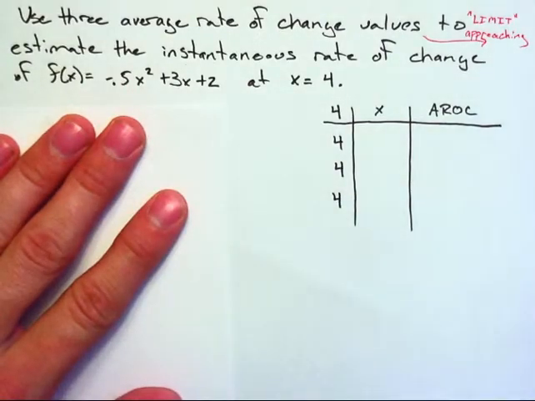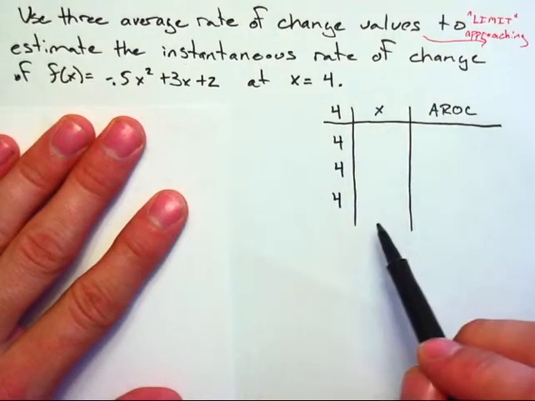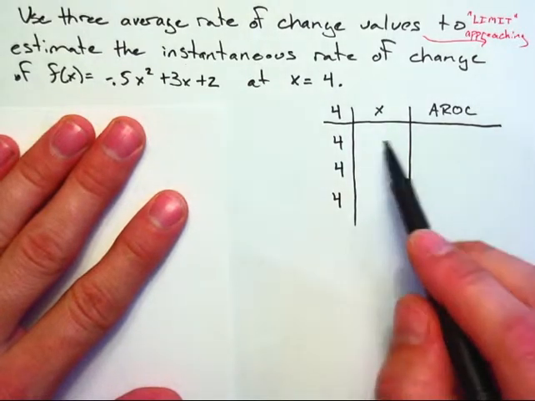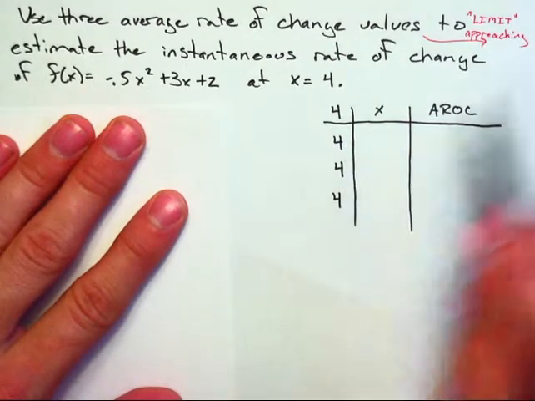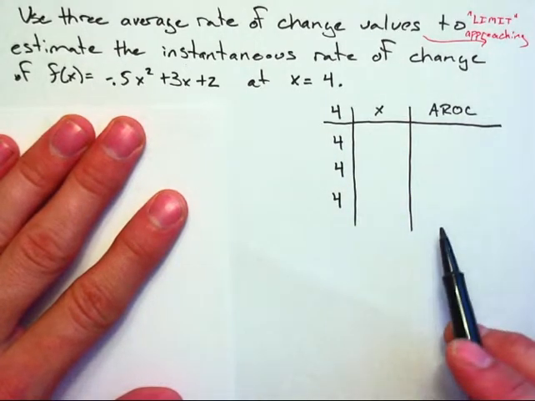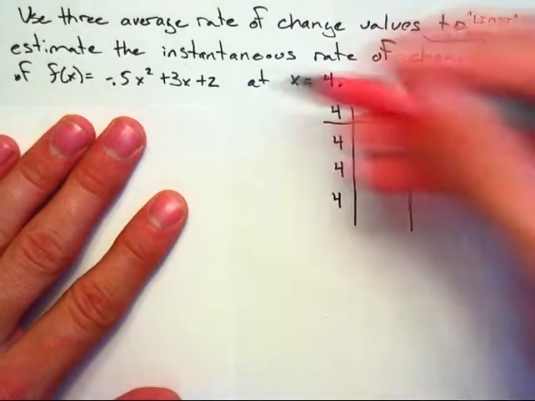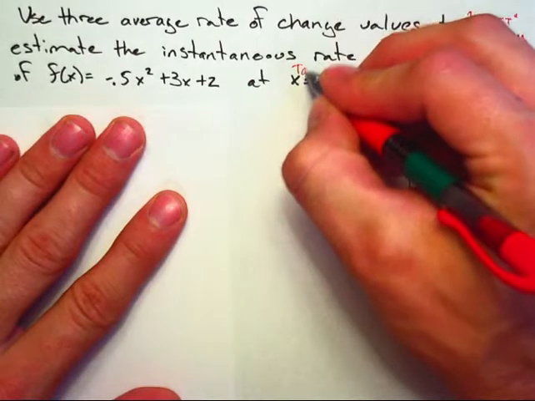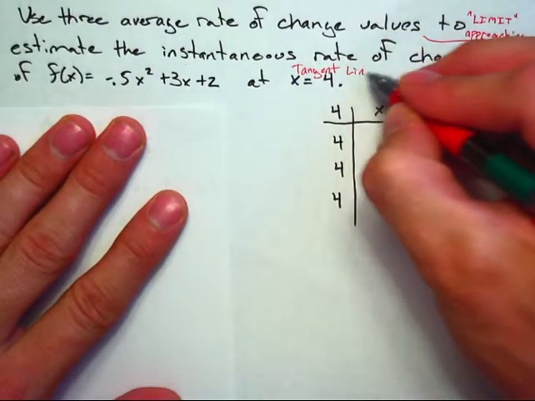Now, by doing this, we have to pick out what the x values are going to be. So we're going to be picking values that are close to 4. If you recall all this information about the limit from previous classes, the IROC takes place at the tangent line, right? So we want to be working with a tangent line, but of course the average rate of change is not the tangent line.